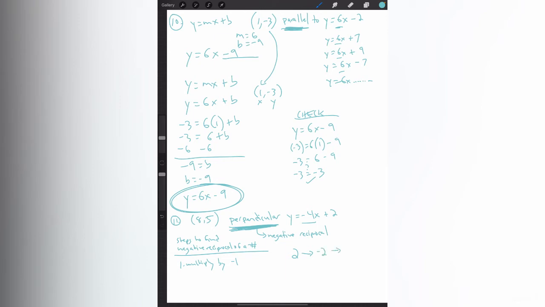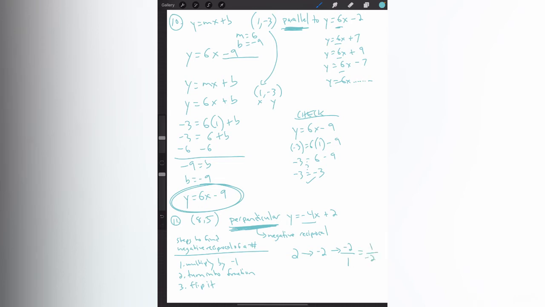Okay? Now, the second step of what I would do is I would turn it into a fraction. So I can say negative 2 over 1. That's a fraction. And the last thing I would do is I would flip it. So I'd take the negative 2, put it on the bottom, and just make it look like this.